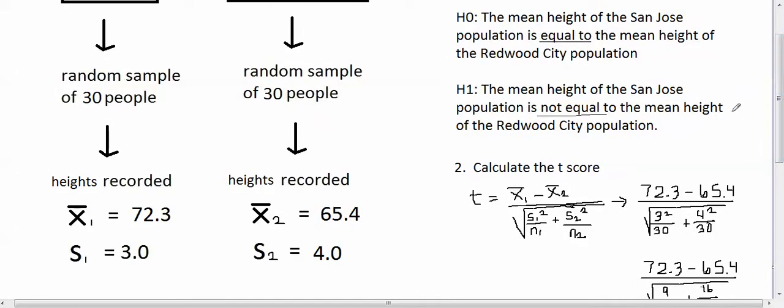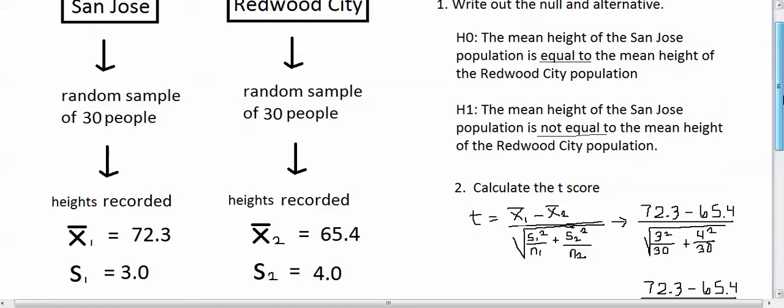The next part of the question says to mark off the critical value, its opposite, and the t-score on a number line. So that's what we'll do next.